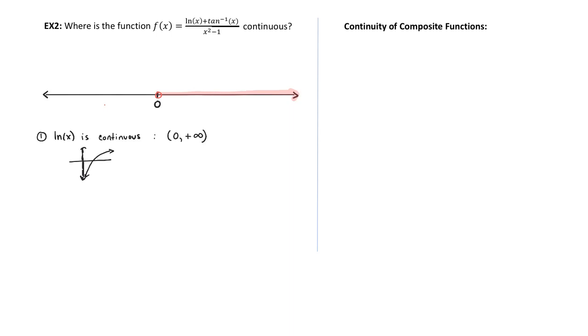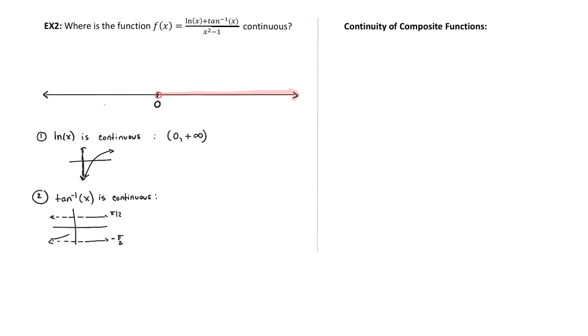Now let's go ahead with the second function that we see, tangent inverse. Tangent inverse of x, and we just did that in the previous discussion. Tangent inverse is continuous. Just quickly, I'm going to draw it here. If you remember, tangent inverse has a horizontal asymptote at pi over 2, and it has another horizontal asymptote at negative pi over 2.